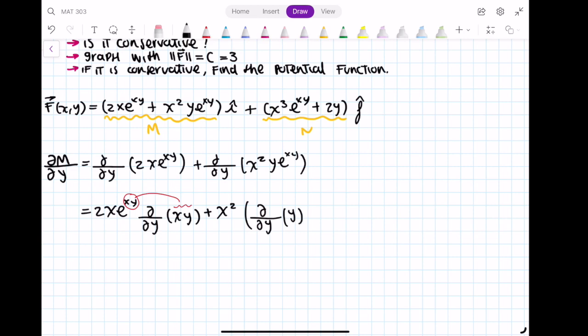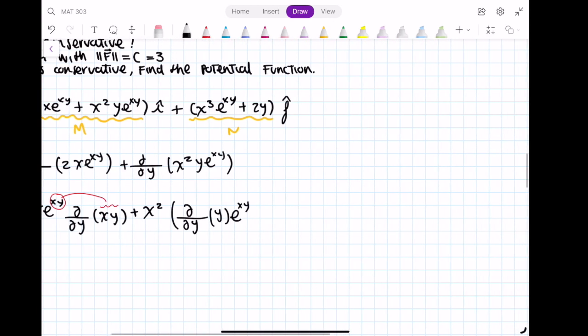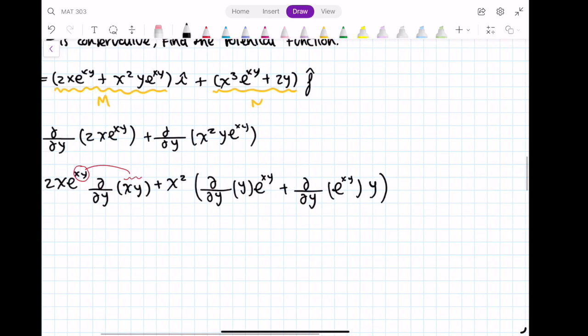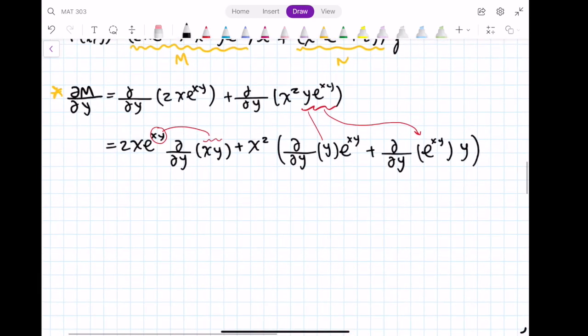The e exponent stays like that, and now the other way: the partial of e to the y, and the y stays like that. We're doing distribution here because it will be easier, right? So first the partial of this and then the partial of this.